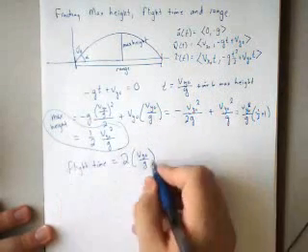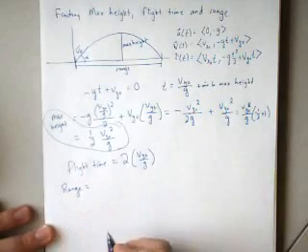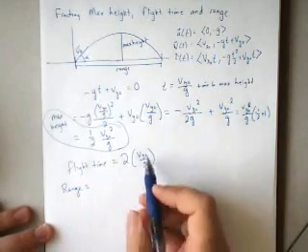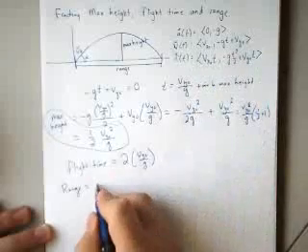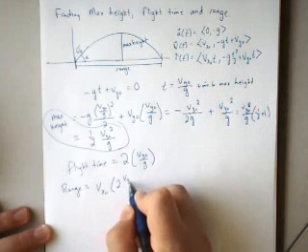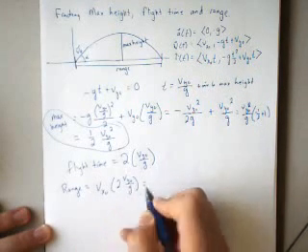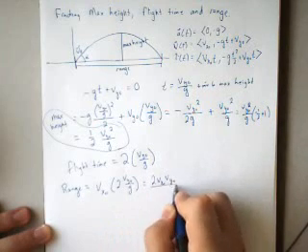That takes care of the flight time, so if I want the range, I simply put the flight time in for the x-coordinate of the position. So vx naught times the flight time, which is 2 vx naught vy naught over g.